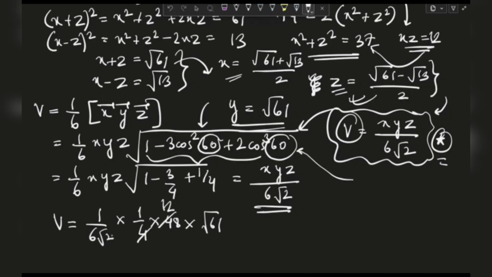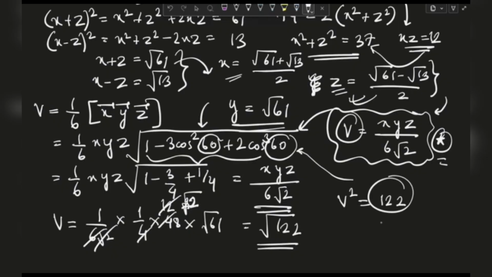So 12, and now if we cancel this with root 2 and take this 2 together, this will become root 122. Now there was something sort of given about the volume, and we had to find out the square of that variable. So V square is 122. This is the final answer for this question.